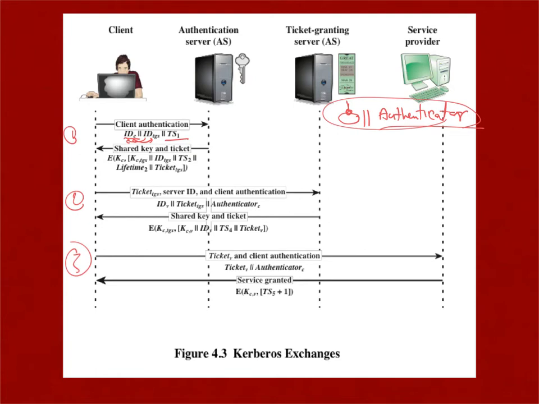So each one is sent for a reason. We call the IDC and timestamp 1 the Authenticator C. We will call it now Authenticator. So I want to authenticate myself using the IDC and timestamp 1. Timestamp 1 is, as we said, for replay attack.